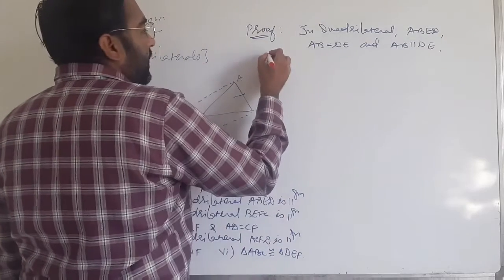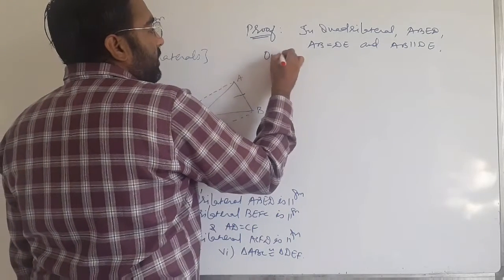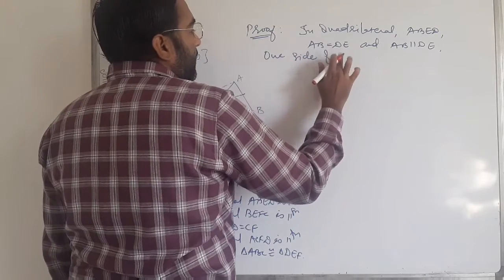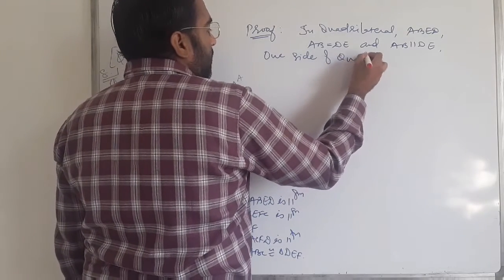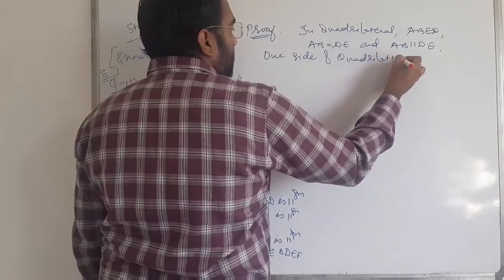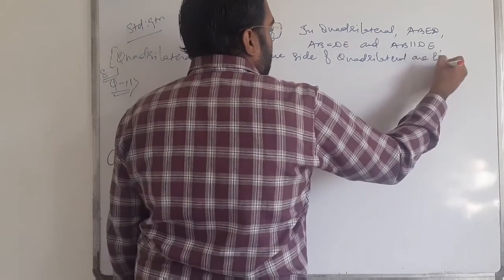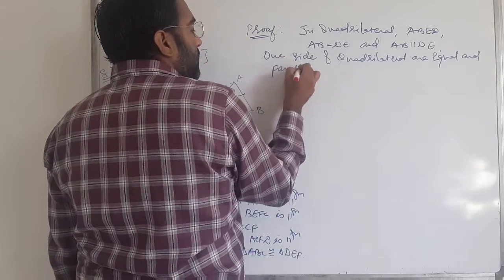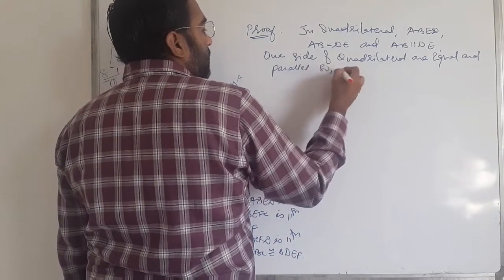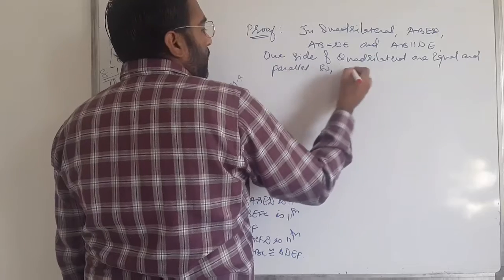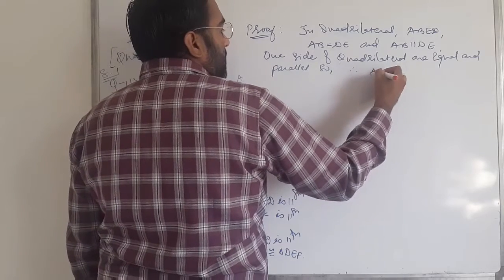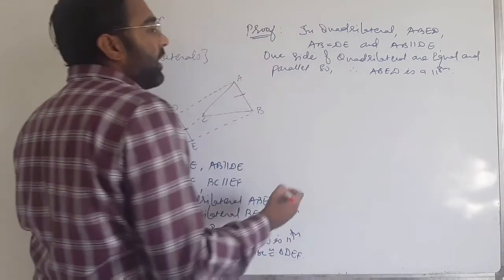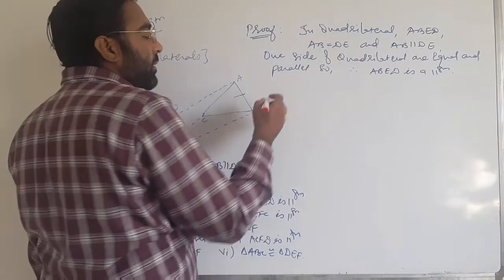So that's why we have to write that one pair of sides of the quadrilateral are equal and parallel, therefore ABED is a parallelogram. Therefore we have to write that ABED is a parallelogram.